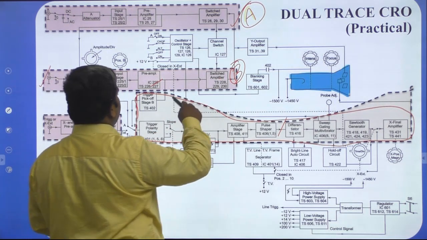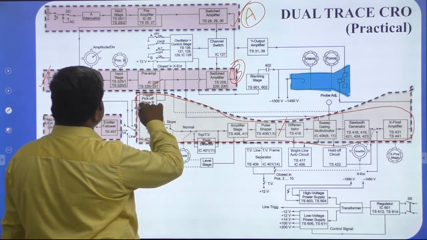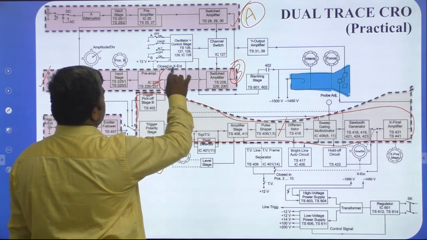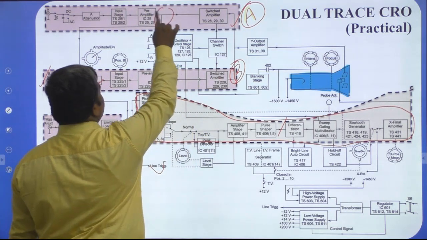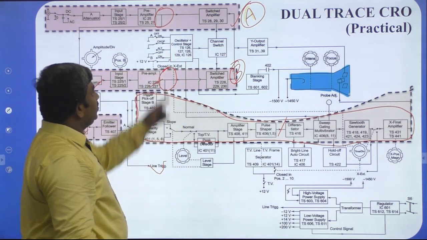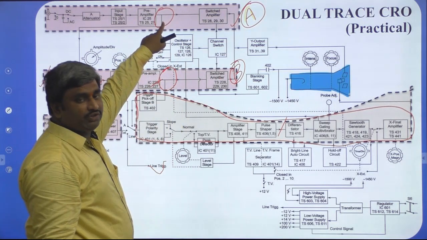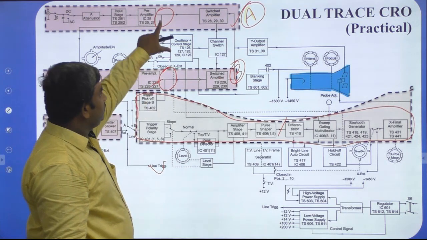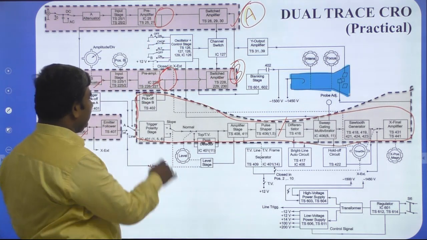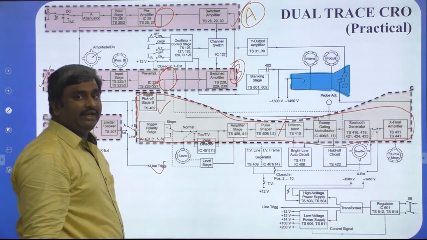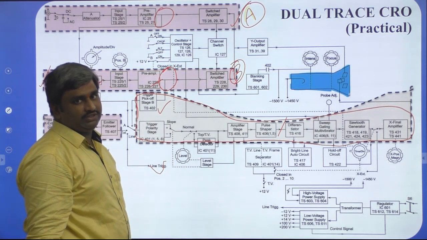It will pick the data from the channel A and channel B vertical amplifier outputs. This is the output of the vertical amplifier of channel A. This is channel B. These two signals are fed to the triggering circuit of the horizontal deflection system.